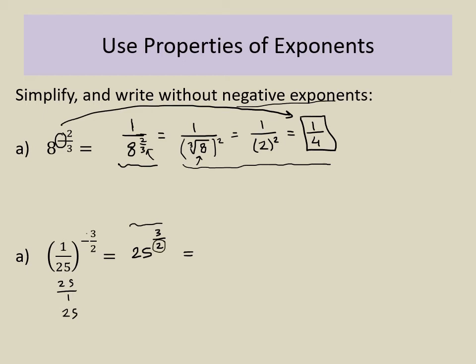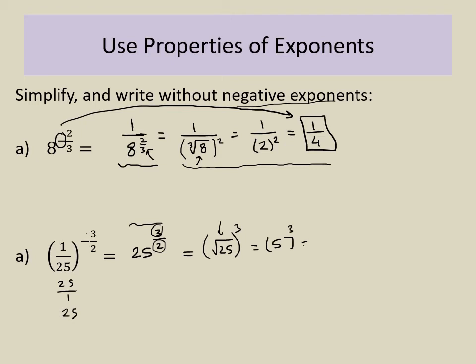The bottom part is the index, so that's going to be the square root of 25. The top part is the power, so we're going to raise all of it to the power of 3. Start here. What is the square root of 25? That is 5.